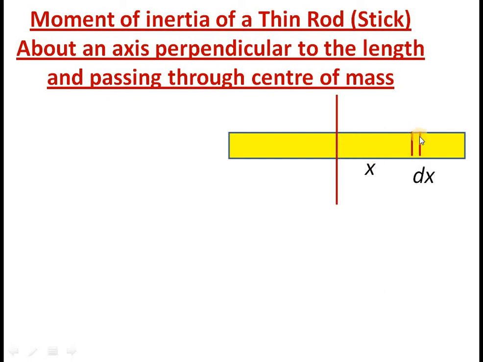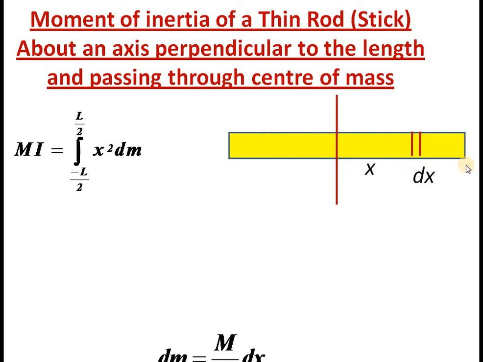Obviously the moment of inertia of this small disk will be x square into dm, because it is at a distance x from the axis of rotation. The total moment of inertia you can easily calculate, because the disk position varies from minus L by 2 to plus L by 2. If this is 0 and the total length is capital L, then one side is minus L by 2 and the other side is plus L by 2.